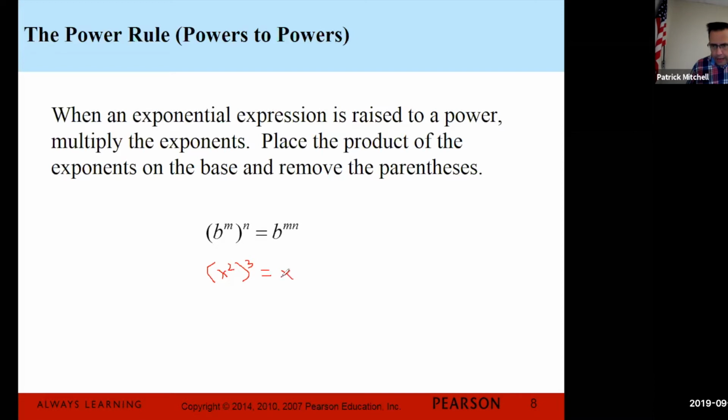And so if you write it like that, then it just becomes your product rule, right? X to the second times x to the second times x to the second would be x to the 2 plus 2 plus 2, which is 6, right? So the shorter way to do that is just multiply the exponents, okay? All right, moving right along.